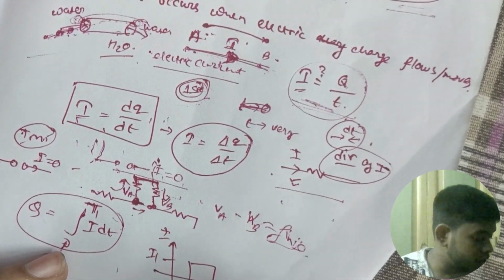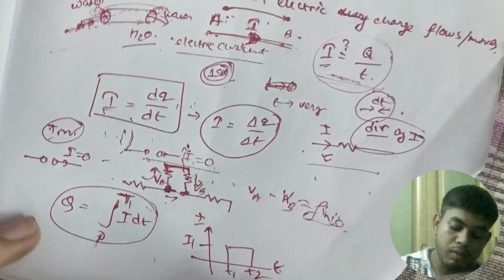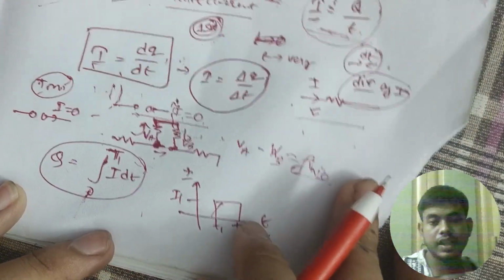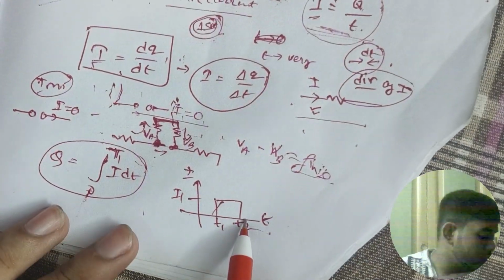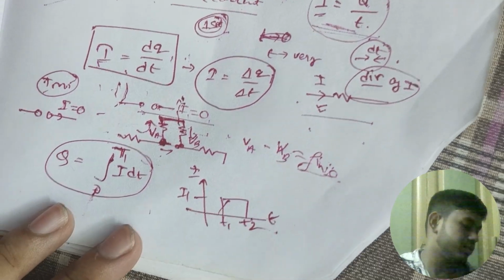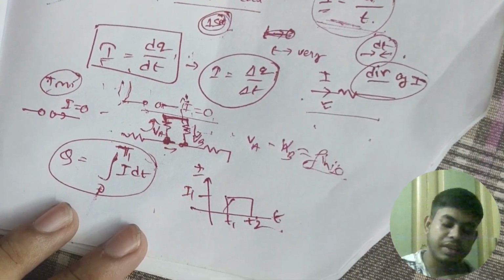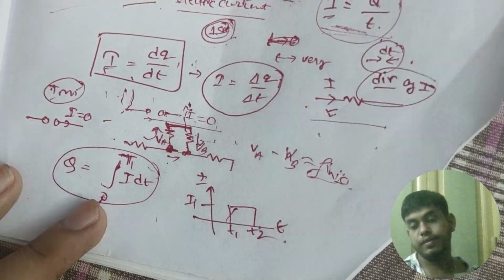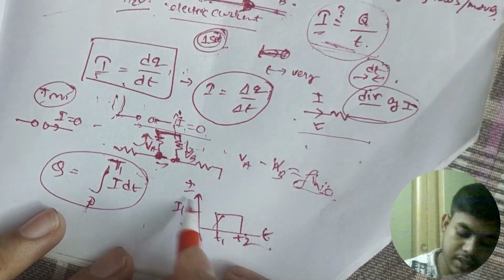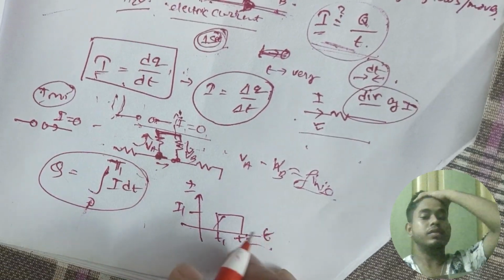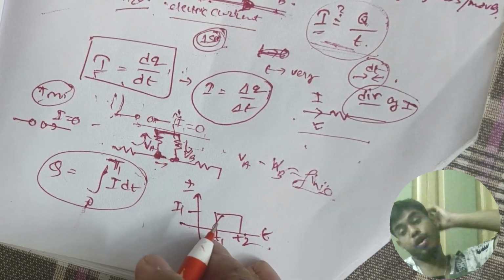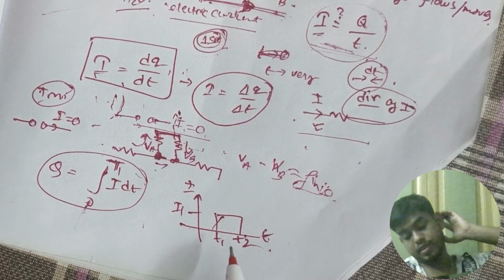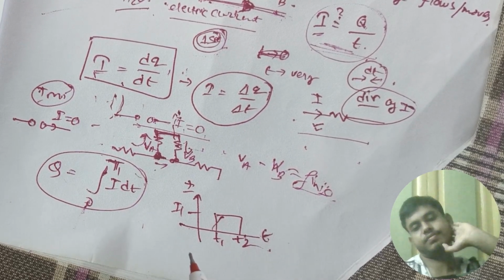I1, this is t1. What is the charge flowing from this to this? Let's suppose we first draw current versus time. First I could draw one circuit that has this ground.